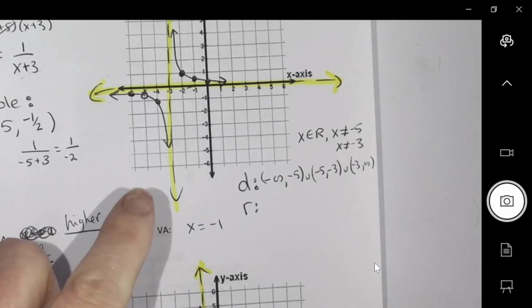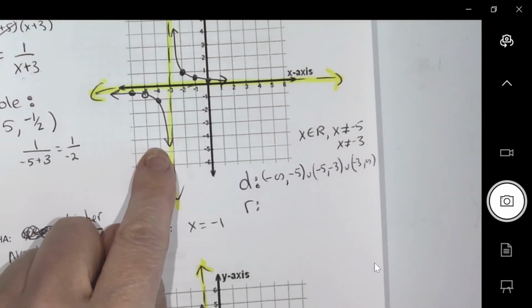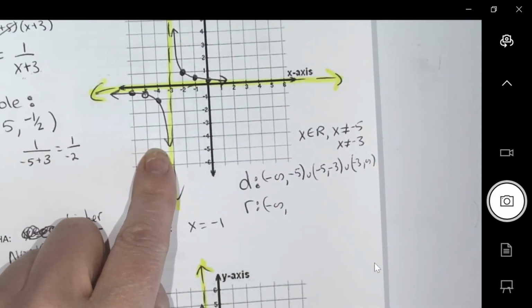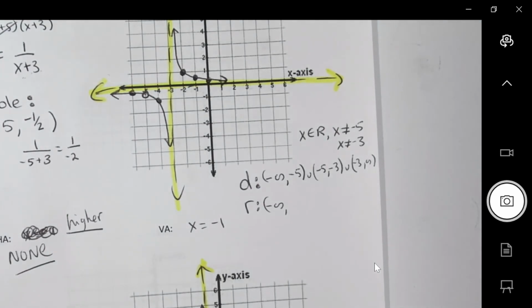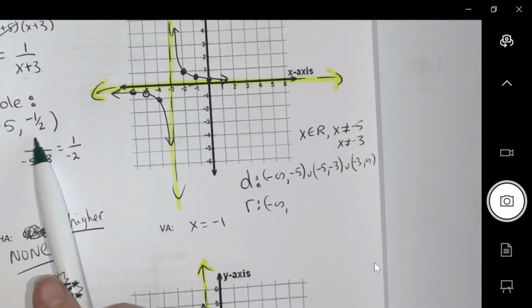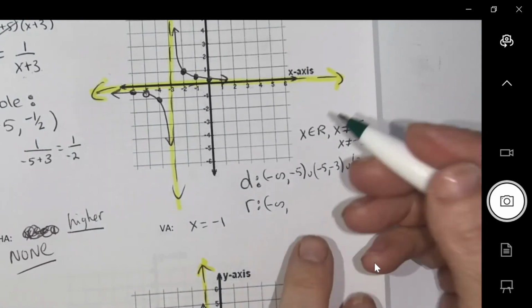Okay, range. Our graph goes down, so -infinity. As you're moving up this graph, where's the first height we have to skip over? I have to skip at the hole. What's the height of the hole? -0.5.